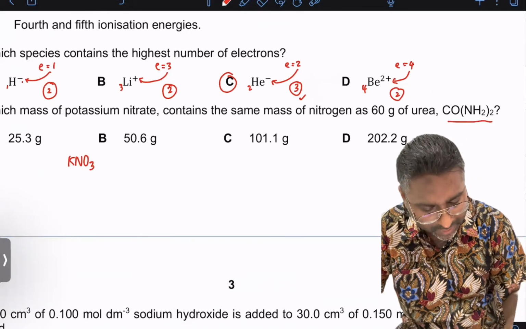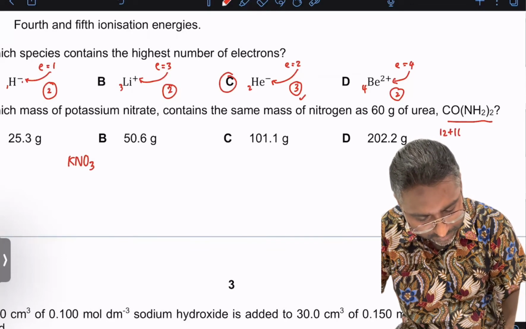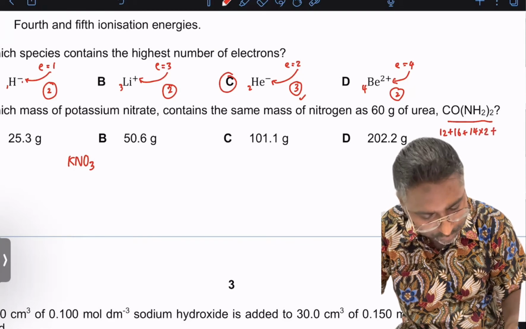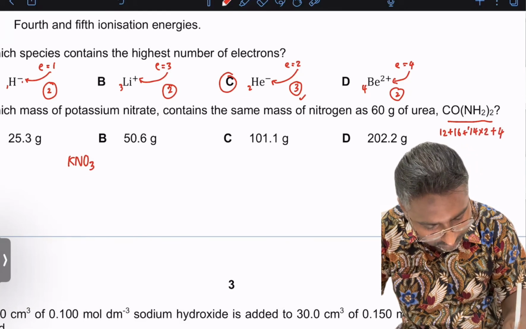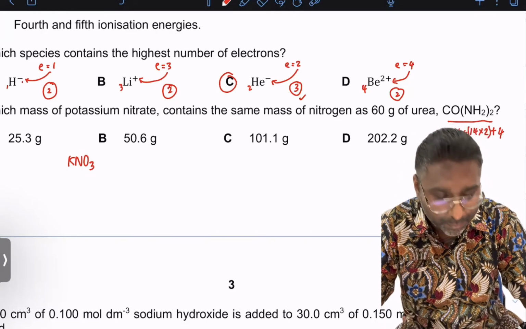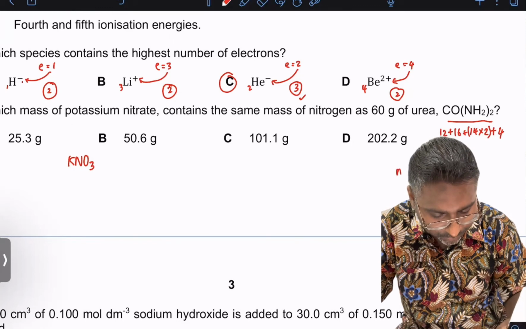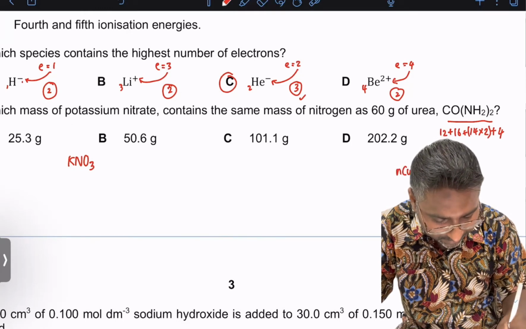So if you calculate, this is 12, plus oxygen is 16, then nitrogen is 14 times 2, and hydrogen is 1 times 2, 2 times 2 is 4. If you add all this, you will get 60. The Mr of urea is 60. So the number of moles of urea is going to be 60 grams divided by 60.